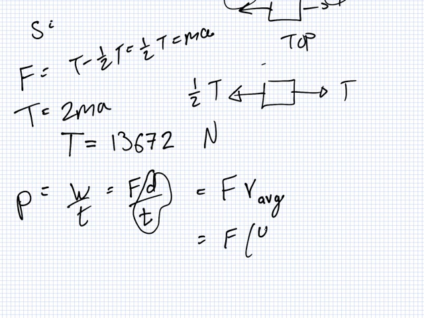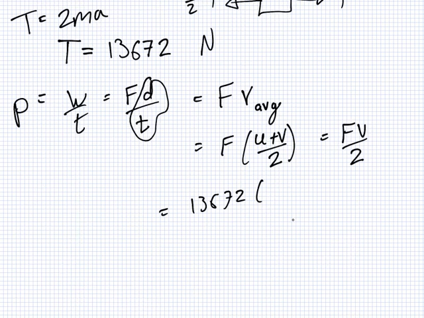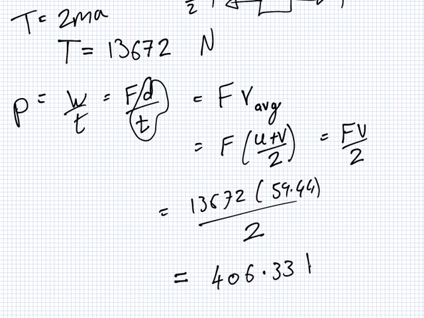Average is U plus V over 2, which is in this case V over 2, so force times V over 2, which is 13672 multiplied by 59.44 over 2. So what's that finally? 406 kilowatts. So 406 kilowatt engine.